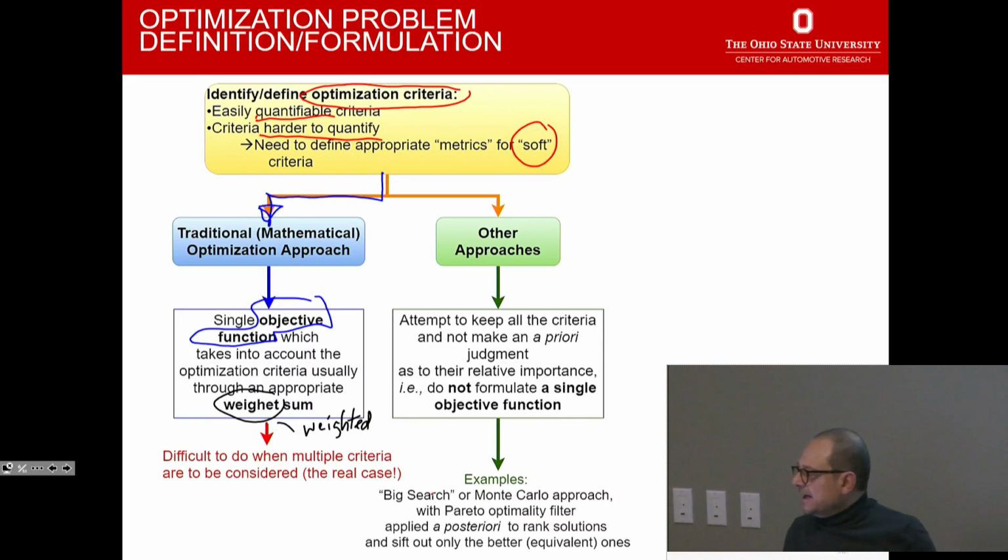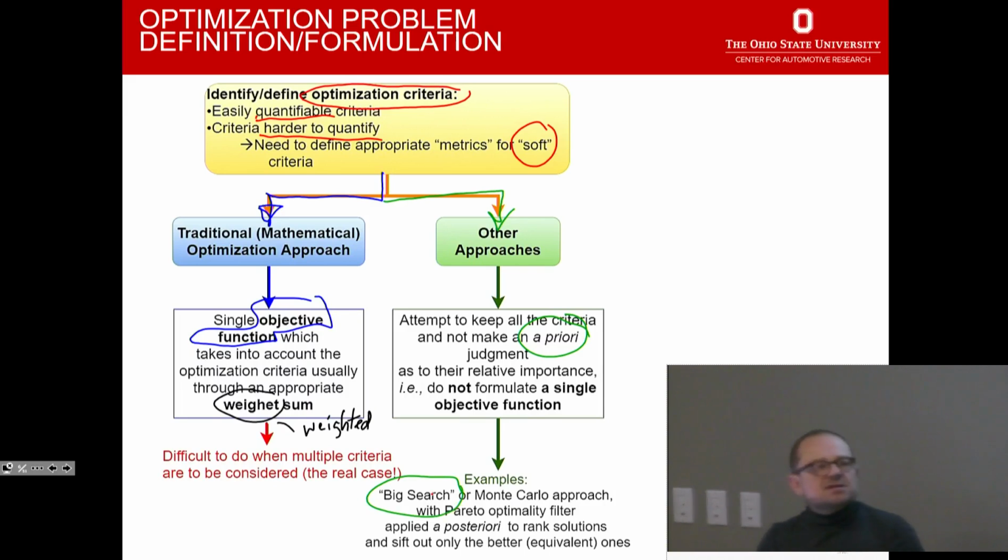So is there an alternative to doing this? Well, we could take a different pathway, and we could take an approach in which we're not going to make an a priori judgment. And I'm about to show you an example that illustrates that approach in a few minutes, okay? You don't make an a priori judgment. You just simply do not formulate a single objective function. You say, these are my costs. Let me simply calculate what these costs are, and then I can compare them to one another.